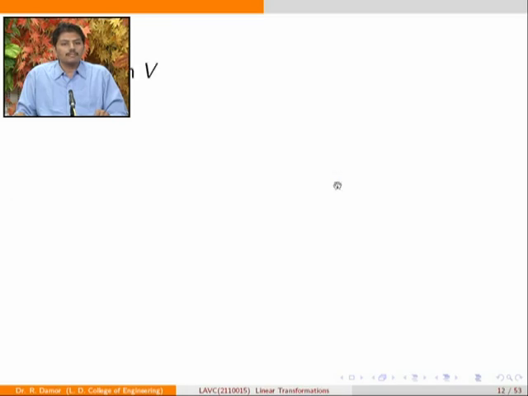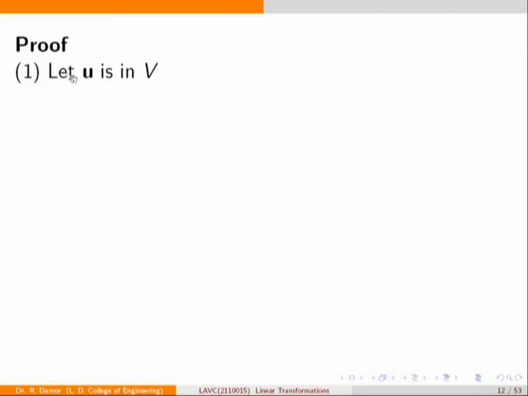Let u be in V, any vector in V. Now V is a vector space, so it possesses the additive identity. There exists some 0 belonging to V such that u plus 0 equal to 0 plus u, by the definition of the vector space V. So 0 is also in V. Now the transformation is linear.